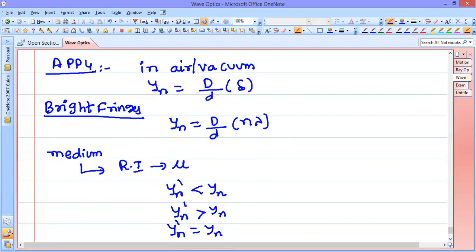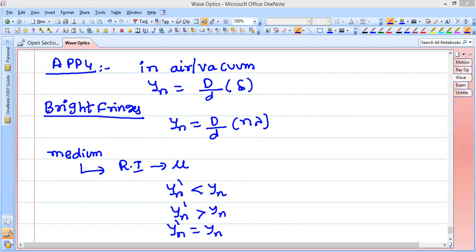Now see here, whenever we did the experiment, capital D is the distance between slit and screen. Small d is the distance between slits. Lambda is the wavelength of light.